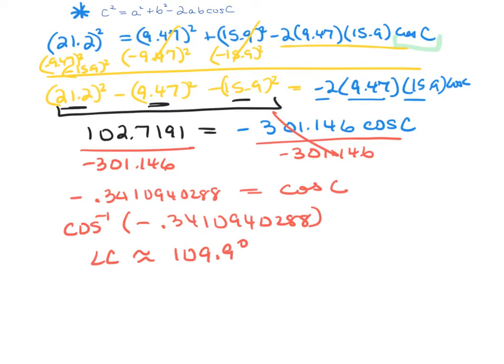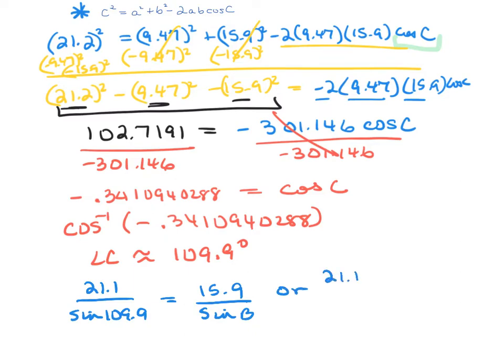We can find angle B. So I'm going to do 21.1 over the sine of 109.9 equals 15.9 over the sine of B. Now, if you would have rather, you could have also done the same 21.1 over the sine of 109.9, and then we could have also done this proportion to find A. So you can do either one.